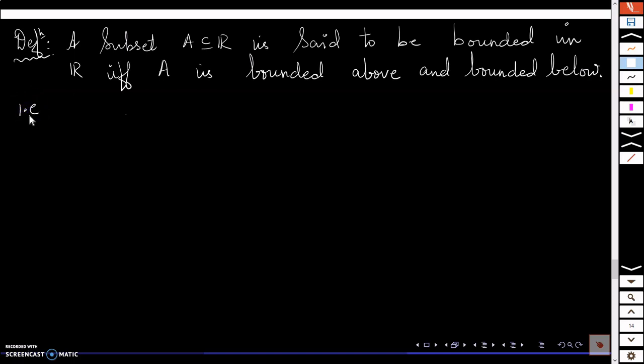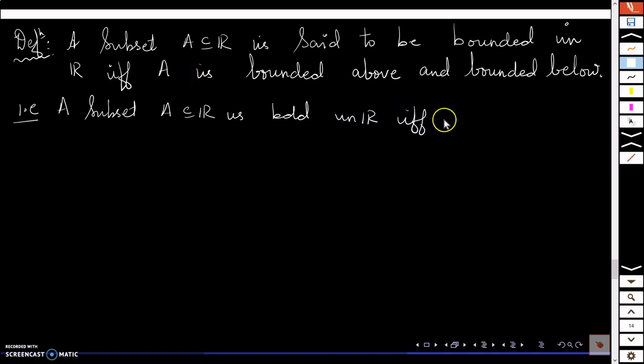So that is, a subset A of R is bounded in R if and only if, I can rewrite this as, there exists an upper bound and a lower bound.